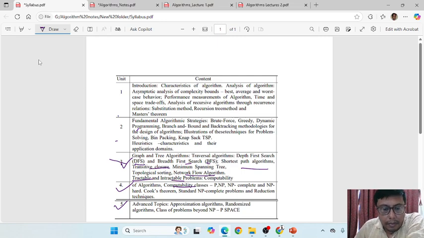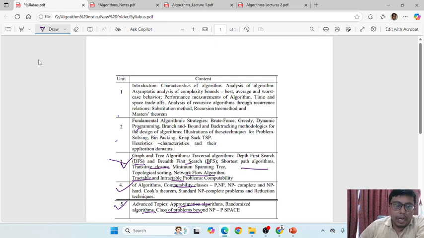And moving on, in the last unit, we will be covering approximation algorithms, randomized algorithms, and the classes of problems which are beyond NP, like PSPACE. So these are all the things.